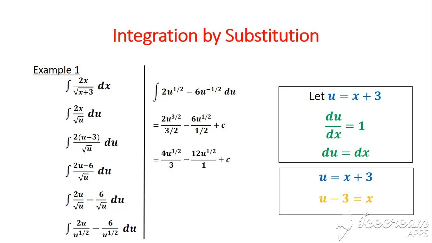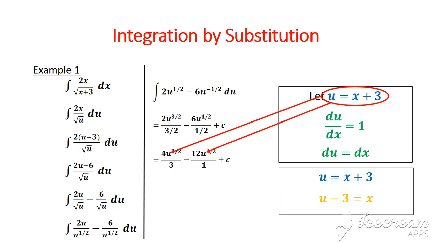Remember, dividing by 3 halves is swapping around and multiplying by 2/3, so the 2 joins up, and so does the half on the other side. Dividing by half joins up with the 6, so we end up with 4/3 for the first fraction and 12 over 1 for the second fraction.